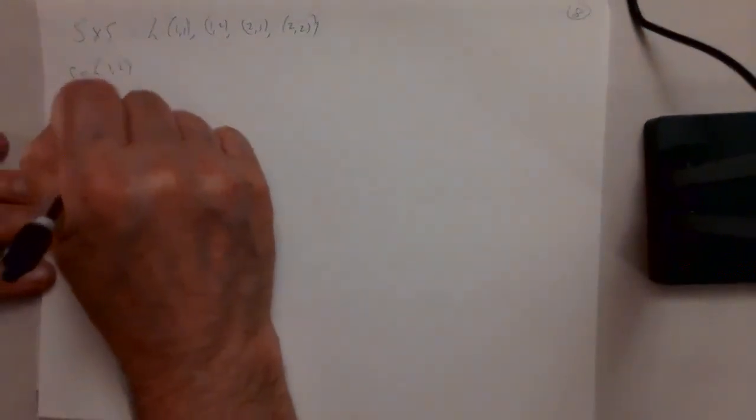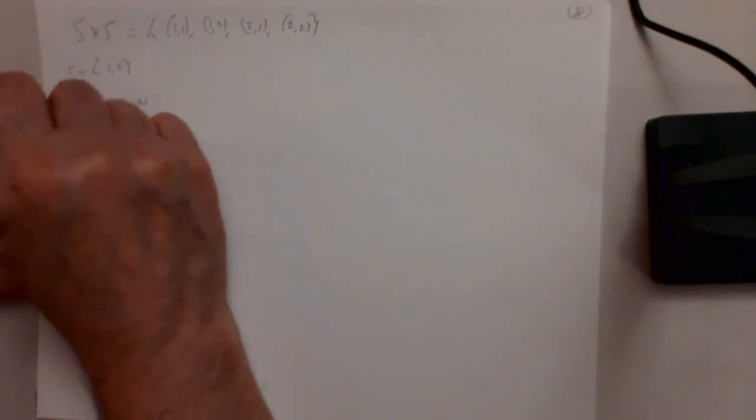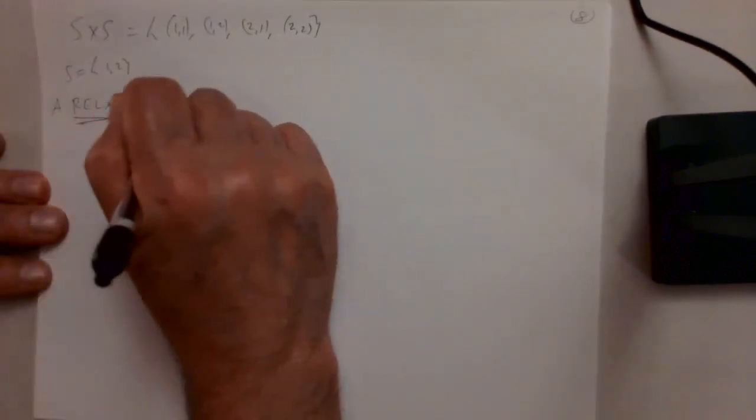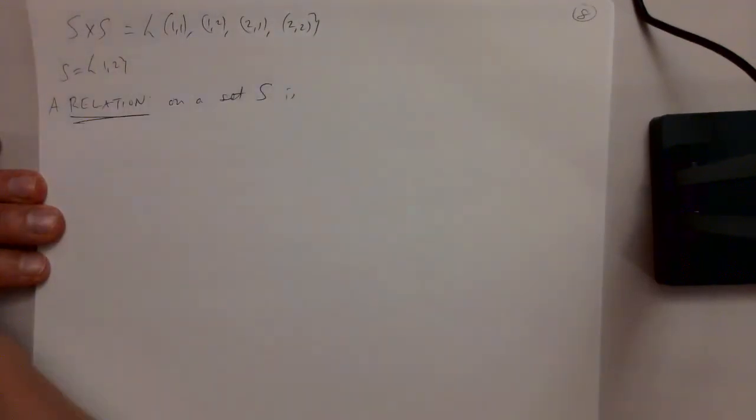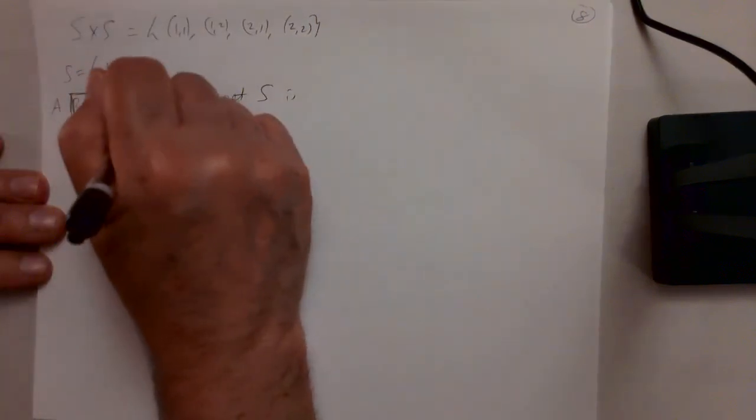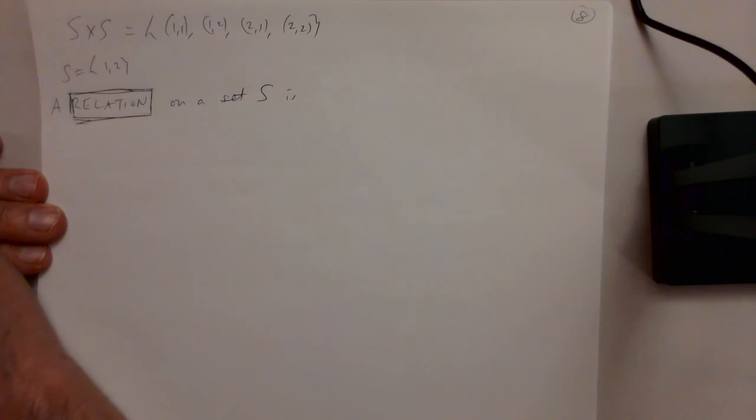And then we come to something which is extremely important in algebra, and it's the notion of what is called a relation. So a relation on a set S is what? Well, we want to say that certain elements of S are related to each other in some way. And so we're looking at pairs of elements, and we want to know whether the two elements in the pair are related.